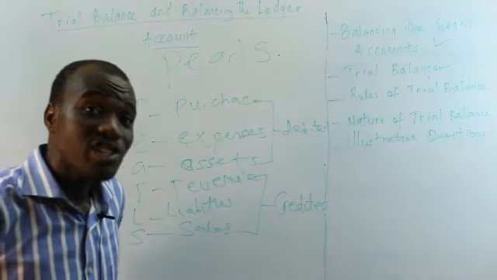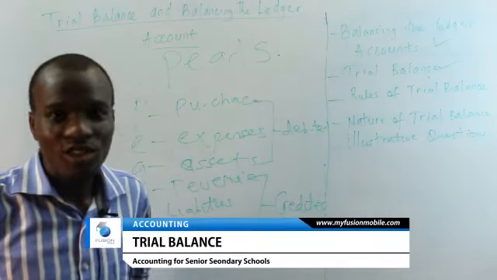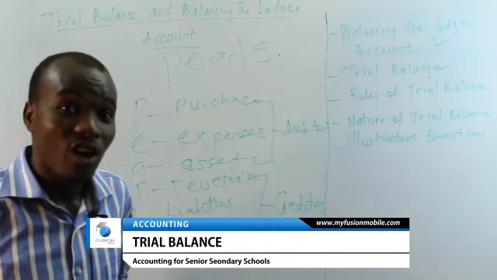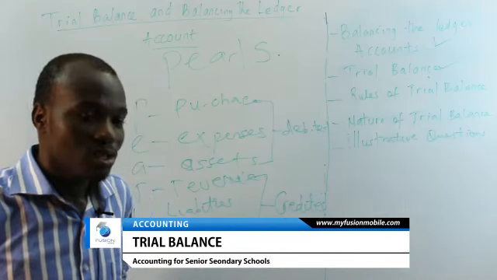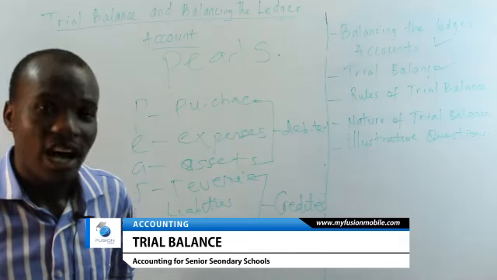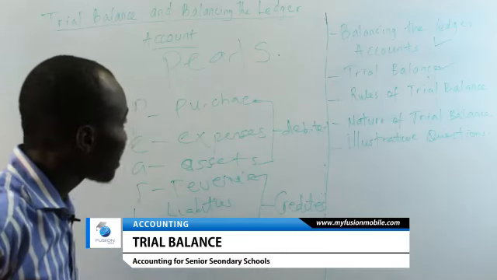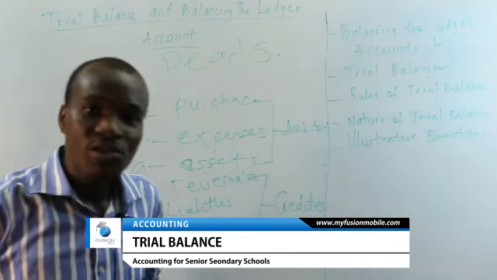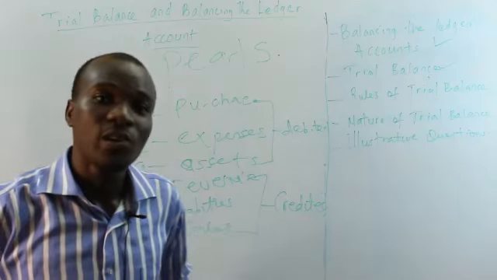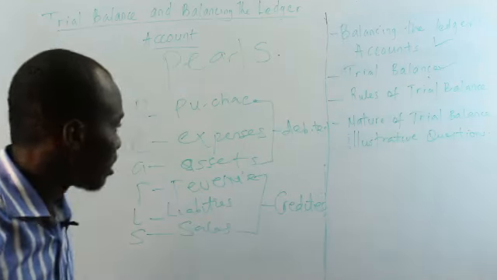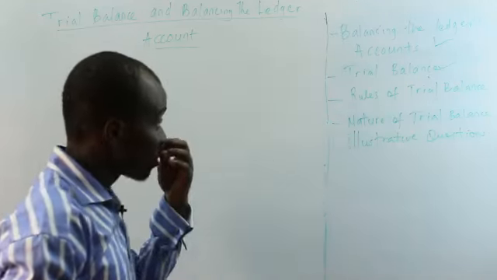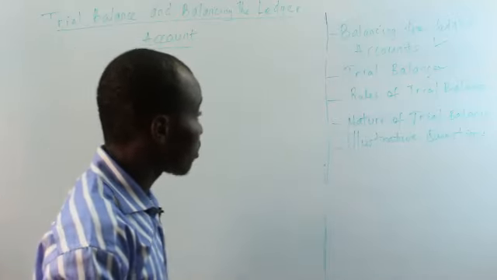Also, the trial balance is used in the extraction of the trading profit and loss accounts, that is the income statement, and the balance sheet. So all of the items in the trial balance enable the organization to determine the profit or loss of the business.